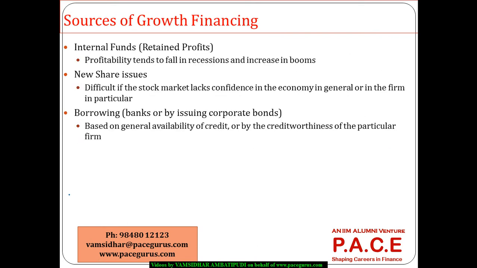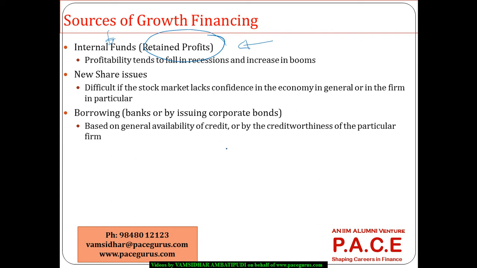And whenever you look at different ways in which any firm can grow, obviously the cheapest or most economical mechanism is retaining the profits, where there is no external funding mechanism coming up, purely funds coming from within.